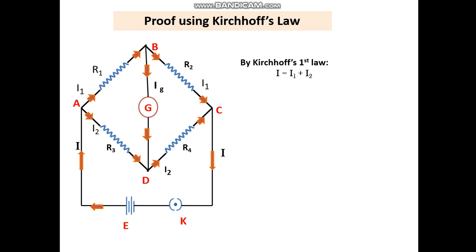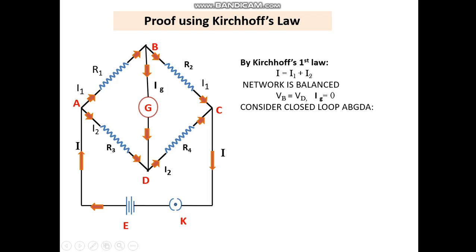So we have the other current across R2 as I1. Since Ig is equal to 0 under the balanced condition, the current through R4 is also I2. Now the network is balanced, so we have Vb is equal to Vd, Ig is equal to 0.